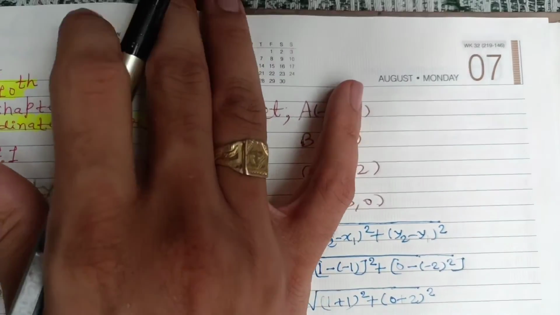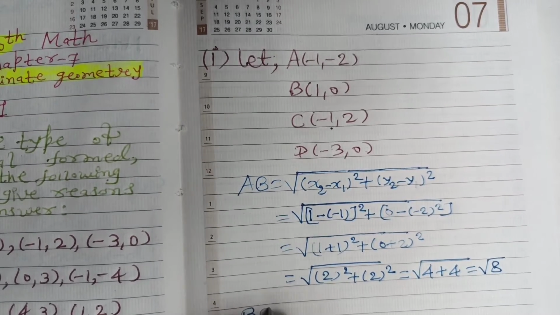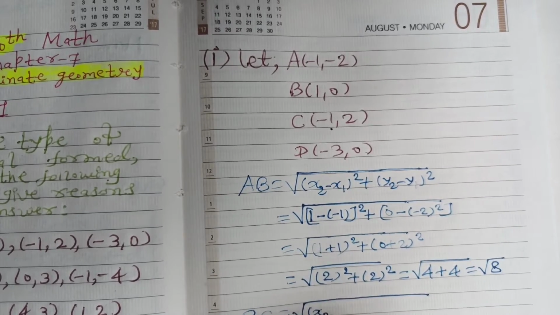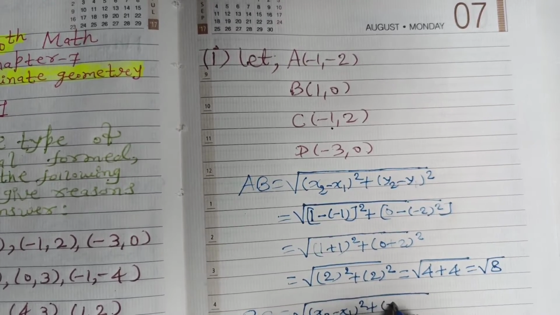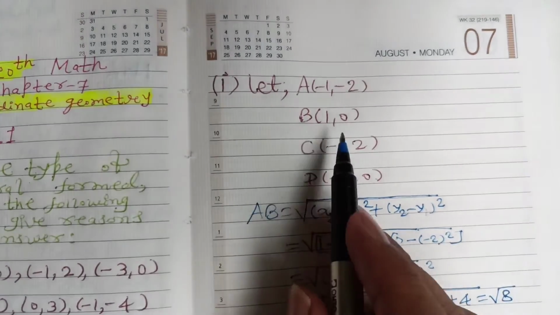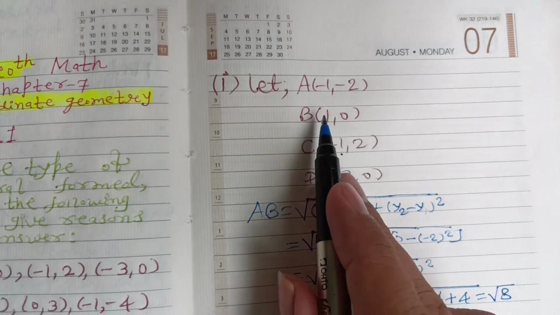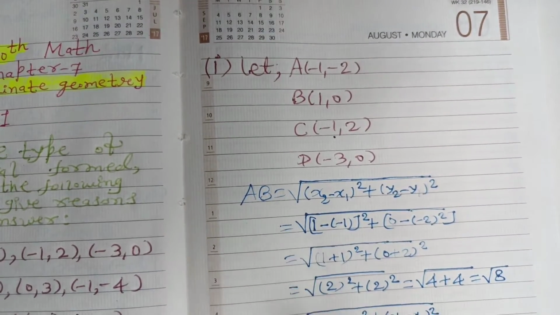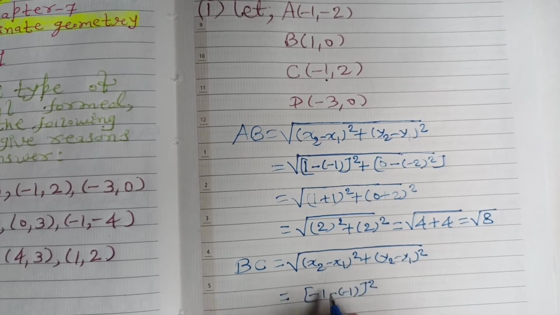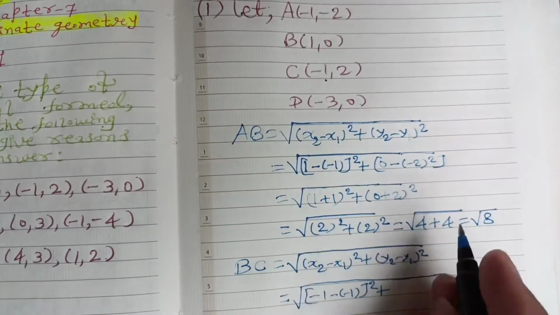Next find out the distance between B and C. BC equals, so we are going to apply the same formula, square root of (x2 minus x1) square plus (y2 minus y1) whole square. For BC, the coordinate of B is (x1, y1) and C is (x2, y2). So we get (-1 minus 1) whole square plus (2 minus 0) whole square.